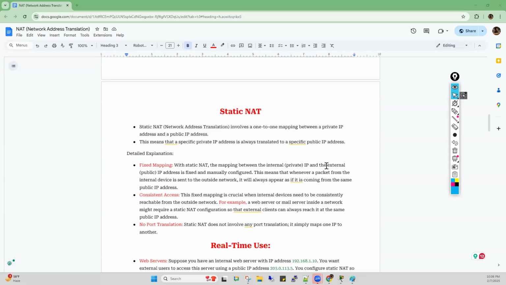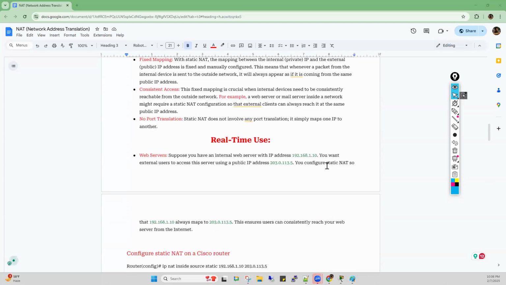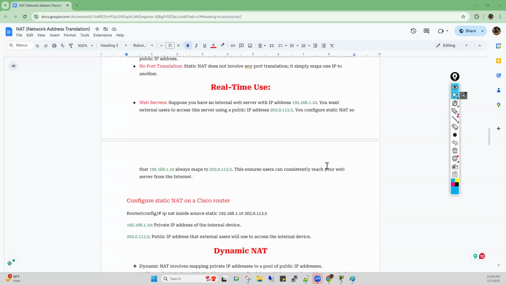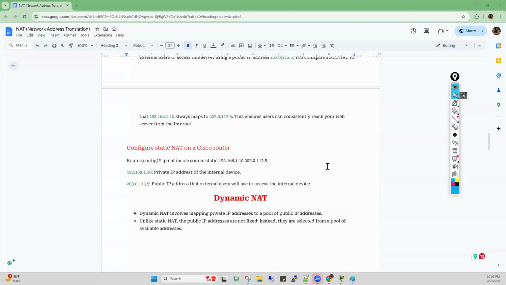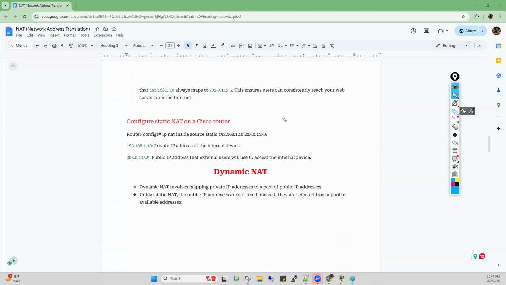Guys, I already mentioned here about static NAT. What is the use of static NAT? Please read this one, the real-time scenario where we are using static NAT. And what is the command to configure static NAT? For example, if this is the router and on this router you want to configure static NAT, the command is ip nat inside source static, and then this is the command.